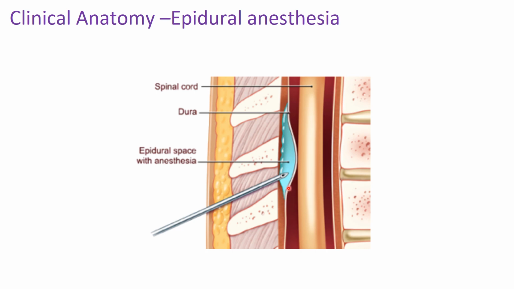So here's our dura mater, which is our most superficial meningeal covering. And here is the anesthetic agent, right? And that is happening above the layer of the dura. So this puts you at less risk of damaging the spinal cord. Now you have to be careful though, if you go in too deep, what's going to happen? You're going to puncture the spinal cord and you can cause injury.